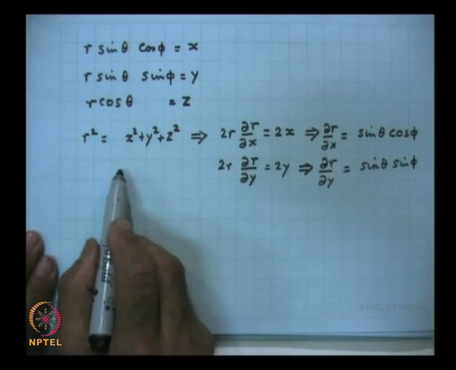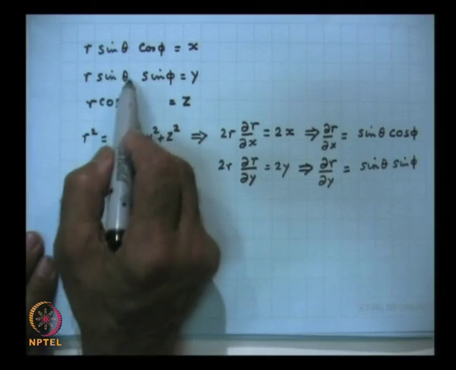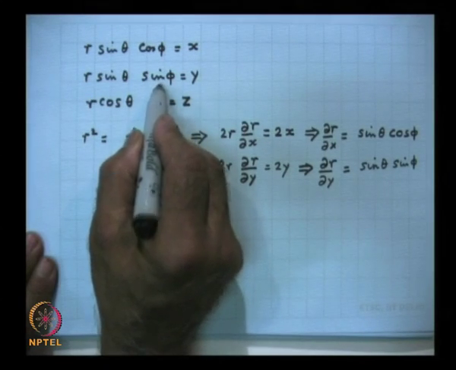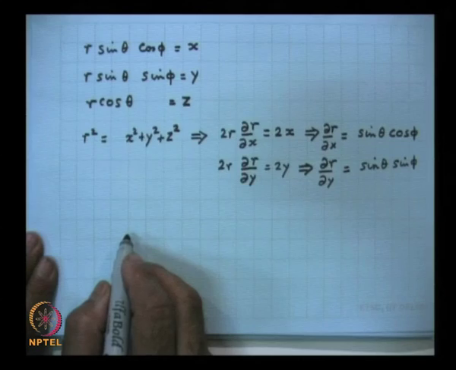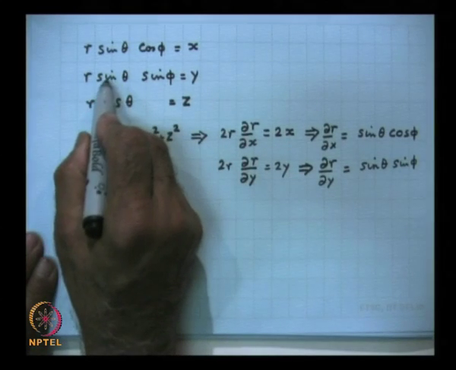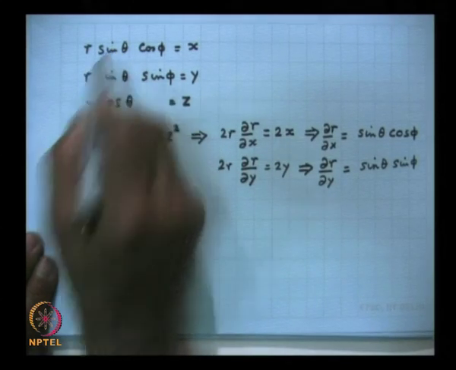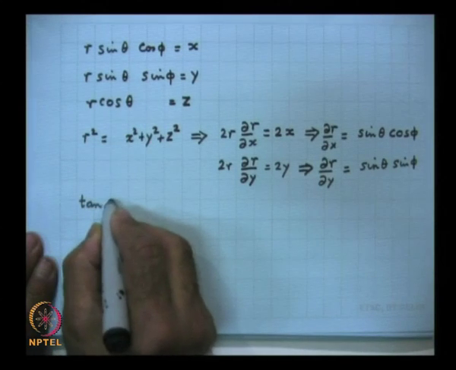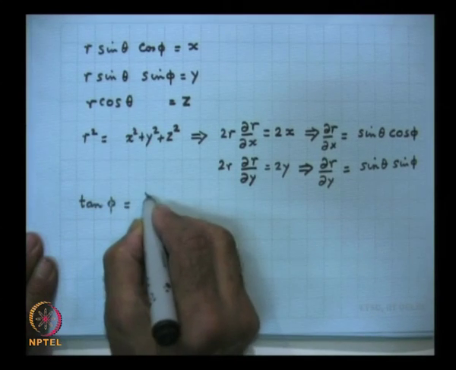Then let me write the expression for tangent of phi. I divide this equation by this equation, so I get tangent of phi equal to y by x.